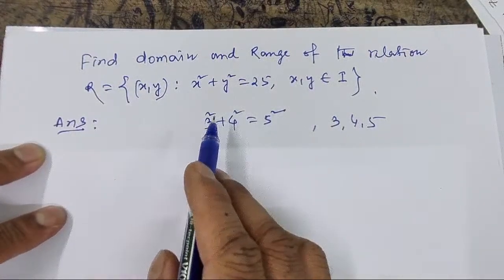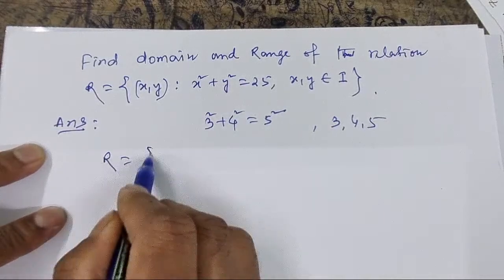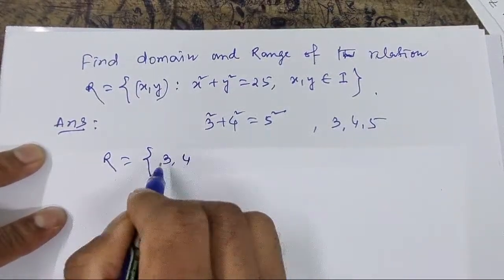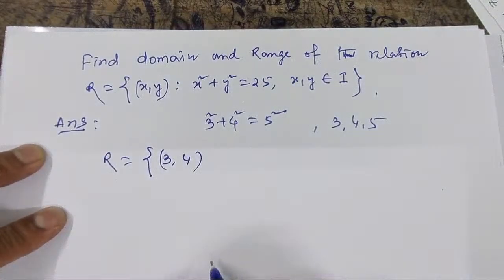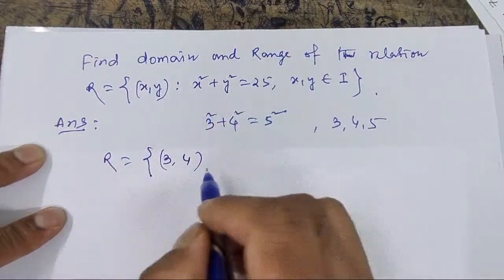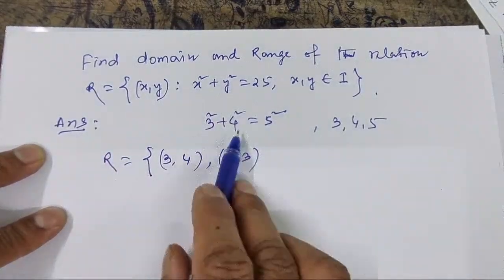Now here you see, you are getting R that way. You can take (3, 4), because 3 square plus 4 square equals 25. Also you can take (4, 3), because again 4 square plus 3 square equals 25.